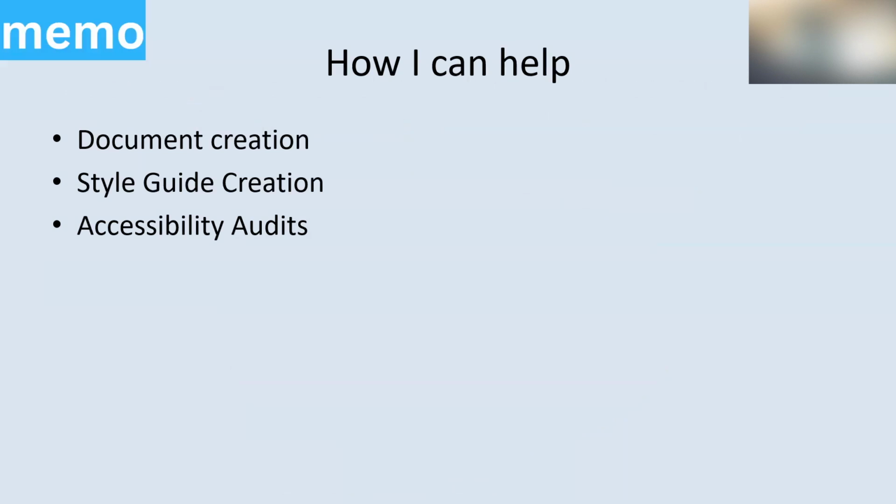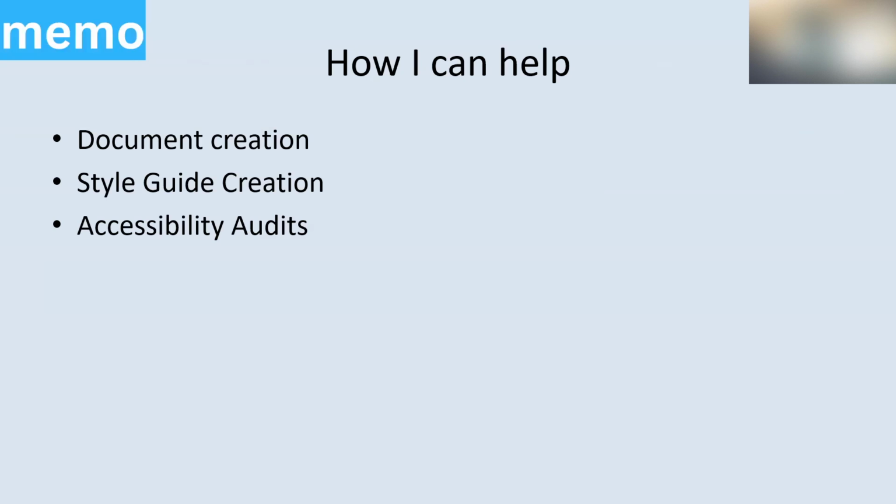I can help create your style guide, which embeds good practice around accessibility, the fonts to use, the spacing to use, the phrasing to use, the templates to use, the colors to use, what to avoid. I also provide accessibility audits for companies. Work I've done in the past is, for example, looking at consent documents, looking at the reading age of those, looking at how we can help bring the reading age down and make them simpler while still performing what you need those documents to do.